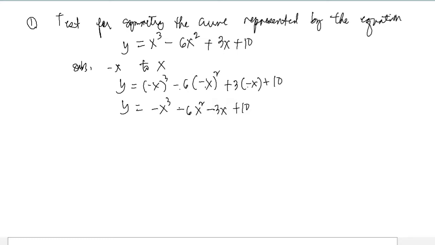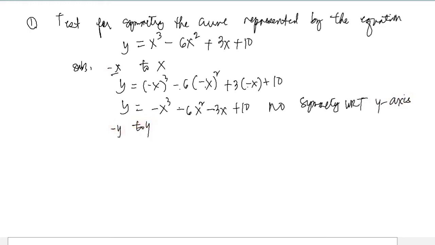So therefore, there is no symmetry with respect to, so since kay x tayo, y-axis.